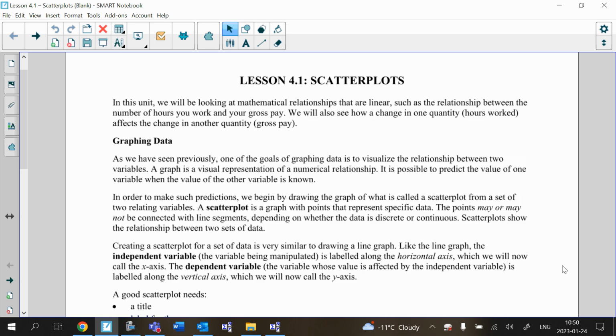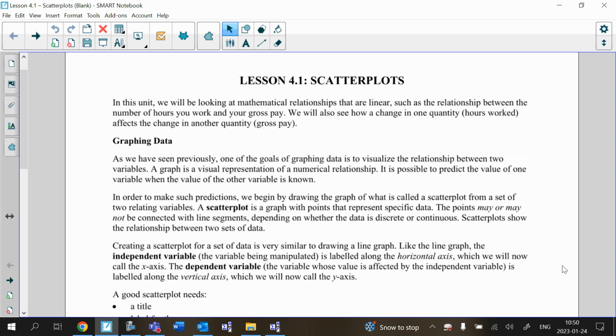We've already seen in Unit 2 where we use graphs to show relationships between two variables, okay? When we are working with linear relationships, we can use line graphs, which are very similar to scatterplots. But we're going to focus on scatterplots right now.